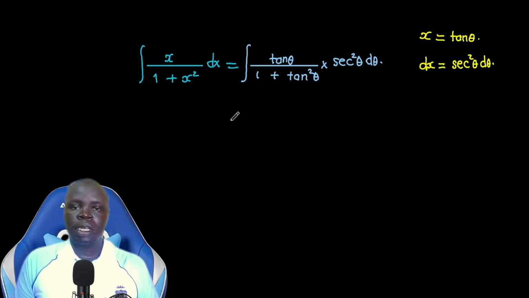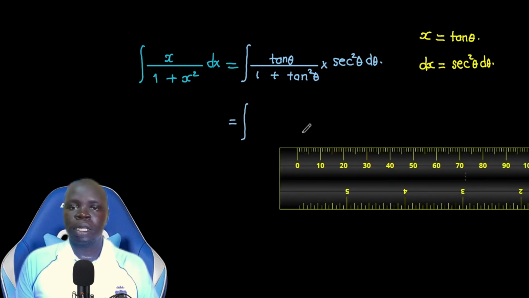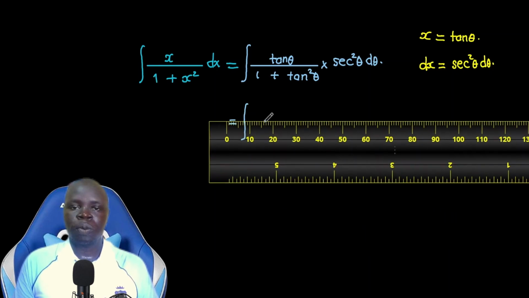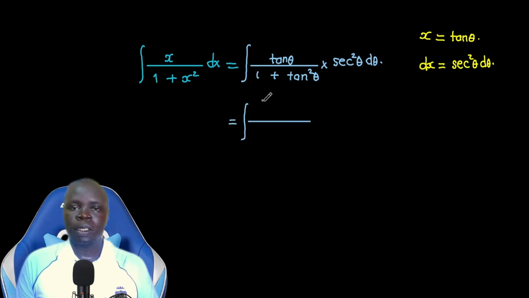Now replacing the denominator with secant squared theta, because they're the same as we have already seen from the first question, we can write it as, let's maintain the numerator, which is tan theta over secant squared theta, times again secant squared theta d theta.